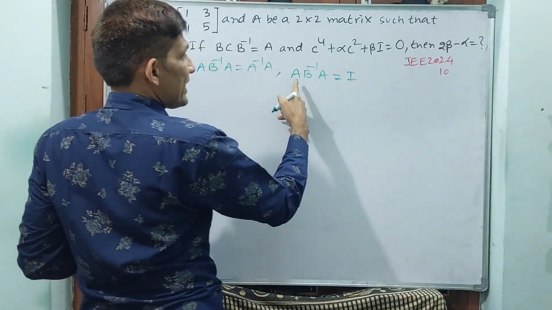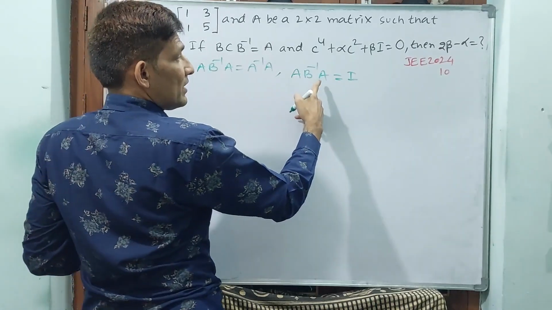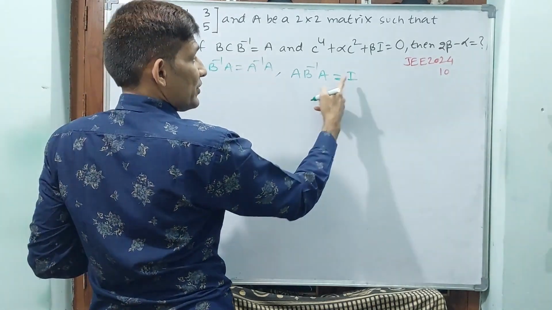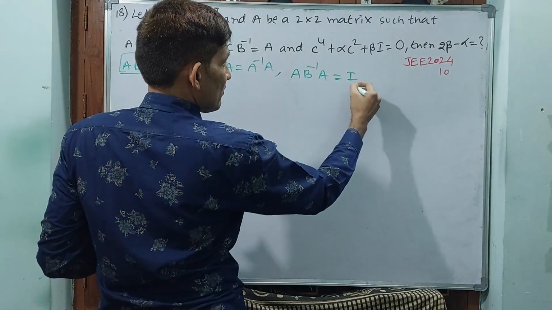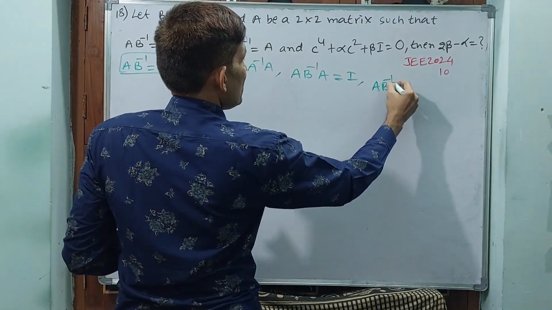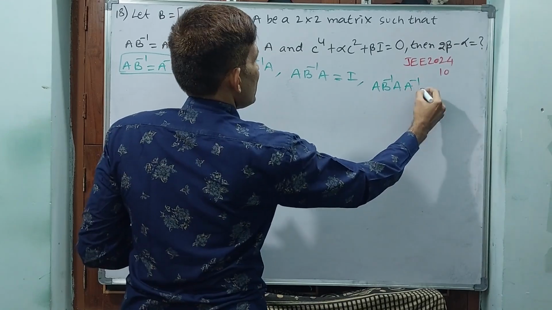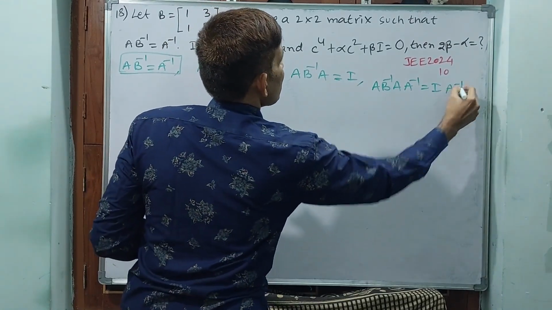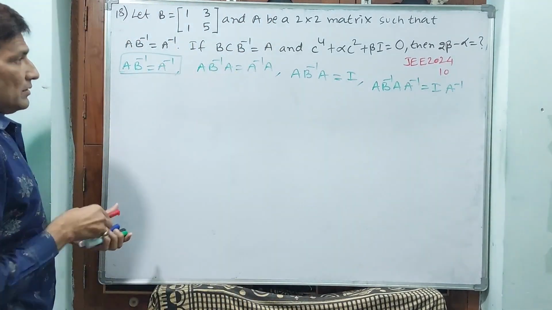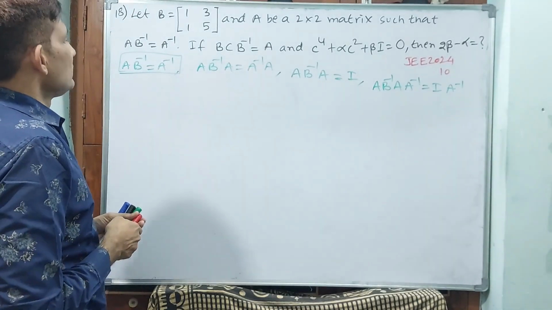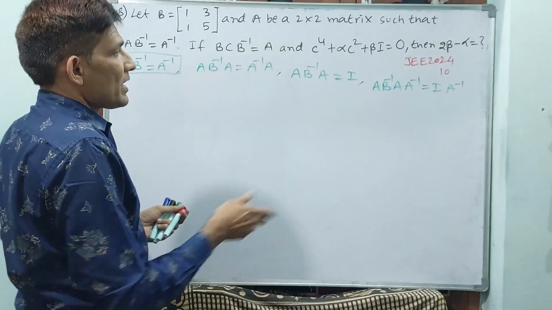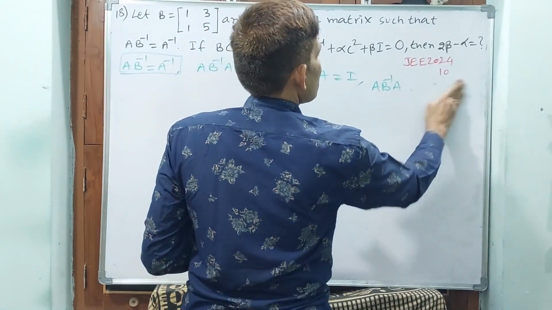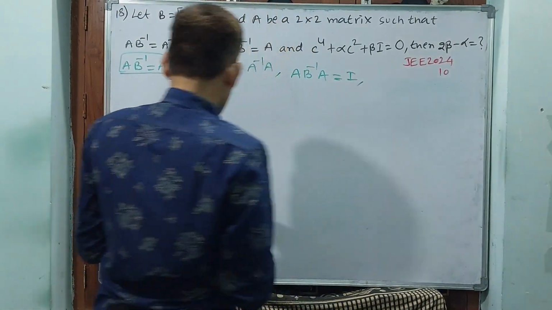Now again I am multiplying A inverse. Or else I will do it on the front side.